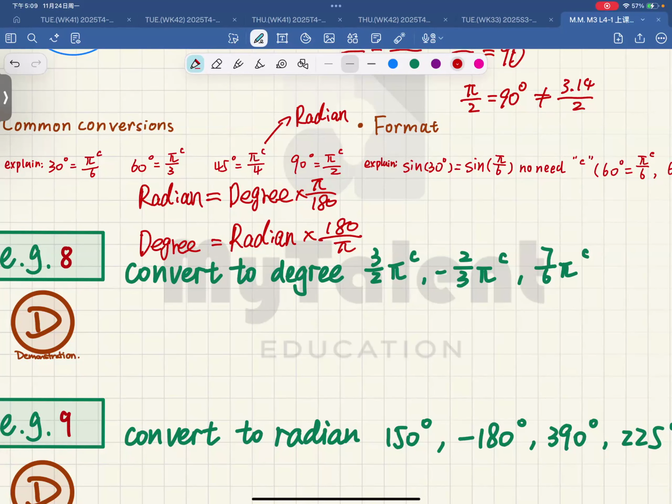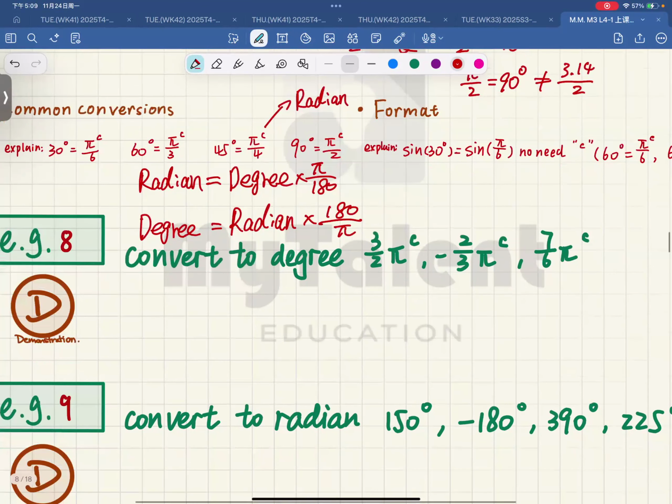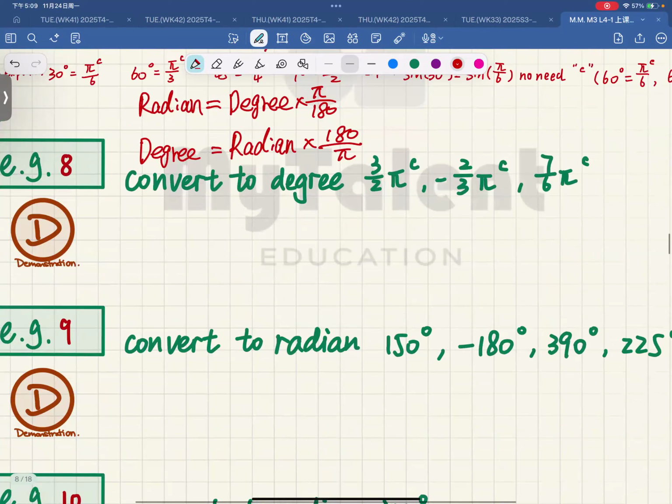Now, I'll give you a few minutes to do examples 8 and 9. Convert radian to degree and degree to radian.